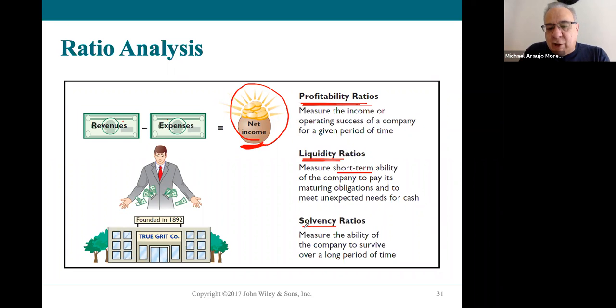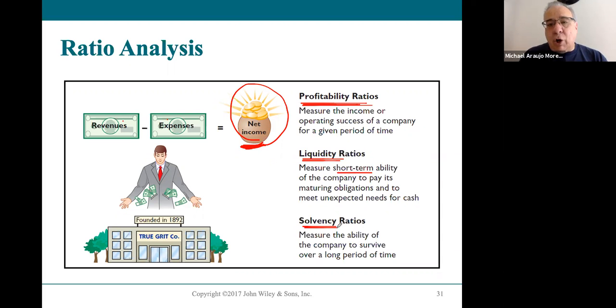A solvency ratio is really about the company's ability to manage its long-term debt. Now, debt in and of itself isn't necessarily a bad thing. It depends on what it's used for. And it also depends on how much you have, because you have to finance that debt. So you have to keep paying interest on the debt. And of course, you have to pay the loan off as well.